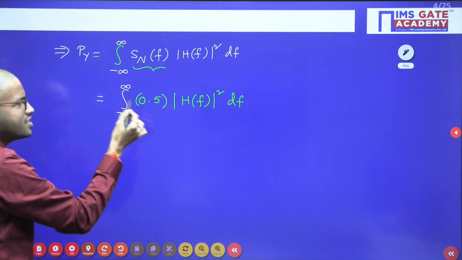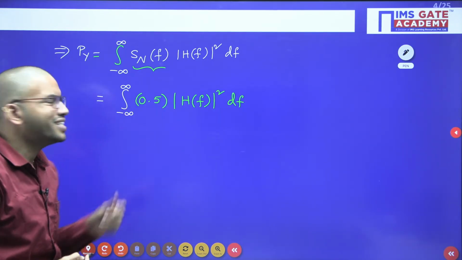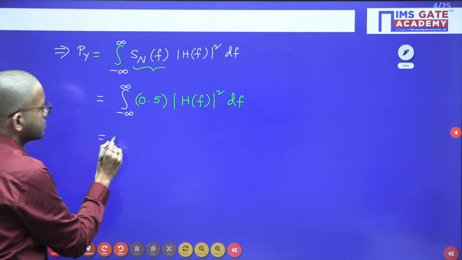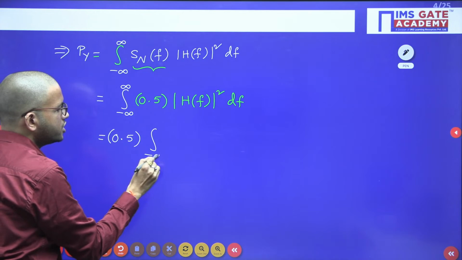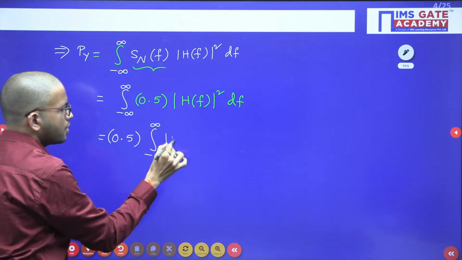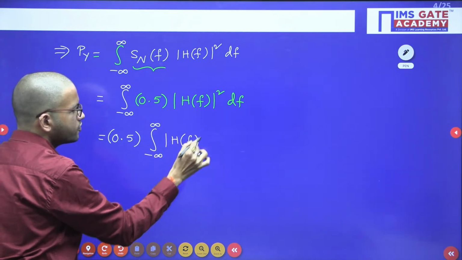Here 0.5 is a constant, so we can keep it outside the integral: integral from minus infinity to infinity of magnitude of H of f whole square df.